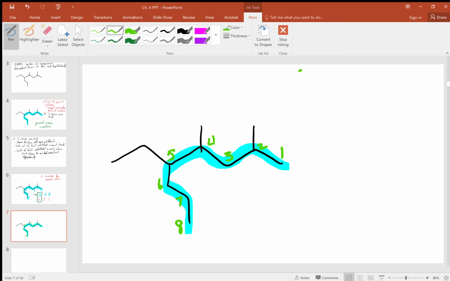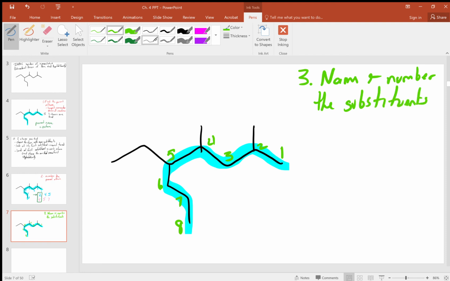All right, step 3. Name and number the substituents. So on the second carbon, we have a 1 carbon substituent, which we know is a methyl.